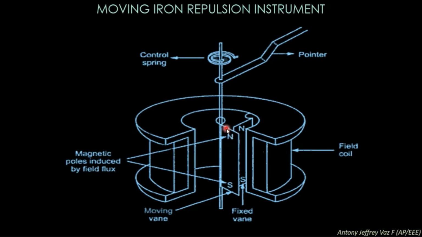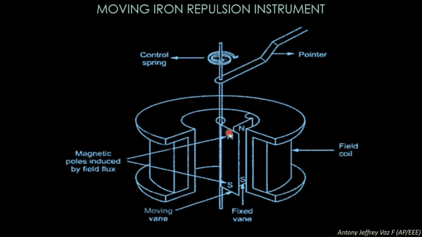There are two vanes: one is the fixed vane, and the other is the moving vane. Here you can see the north pole and the south pole of the fixed vane, and this one, which is attached to the pointer, is the moving vane. This is the basic construction of the moving iron repulsion type instrument.